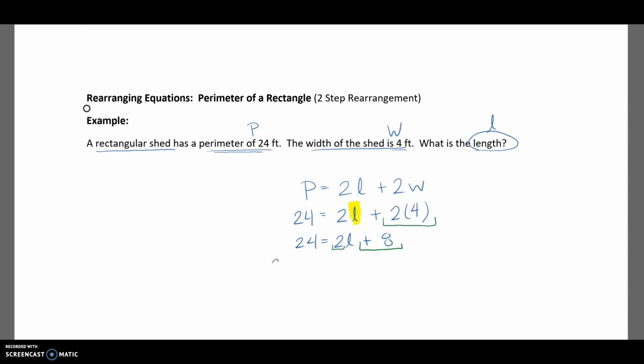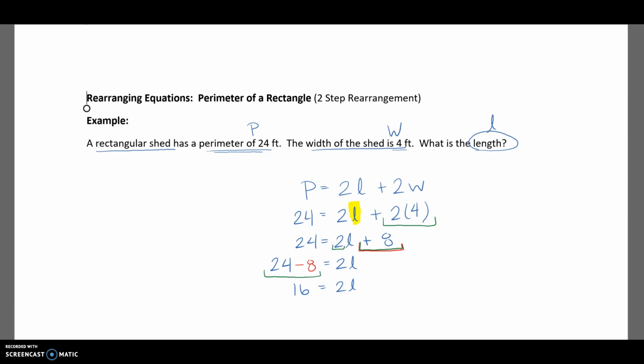So 24, when I move this plus 8 to the other side, it becomes the opposite operation, minus 8, equals 2 times L. Again, I'll simplify by doing this subtraction, which gives me 16 equals 2 times L.